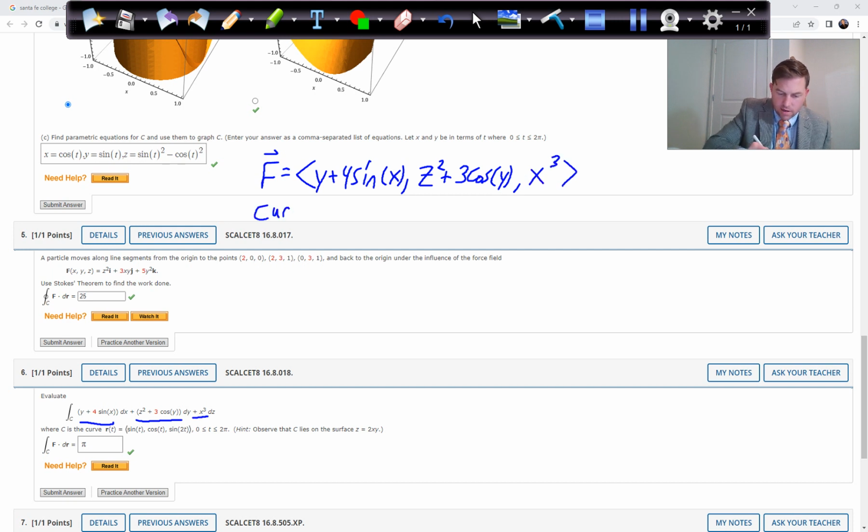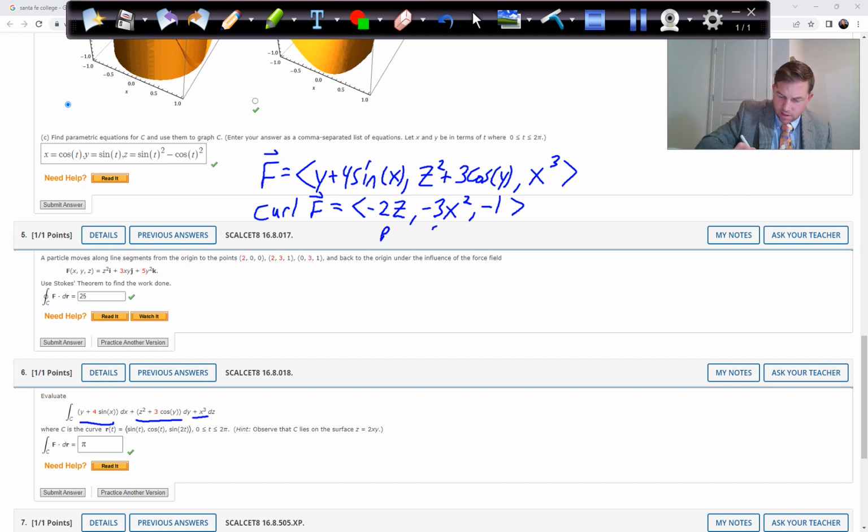And once again, I'm going to say perform the curl, which is the cross product of partial derivatives with those three terms, and you should get negative 2z, negative 3x squared, and negative 1.